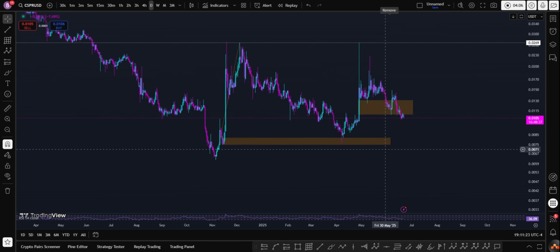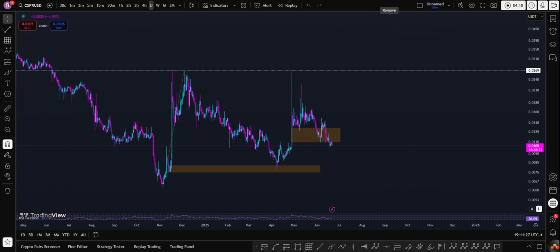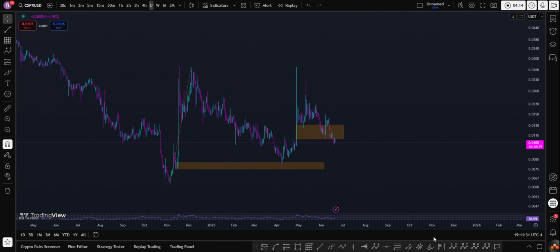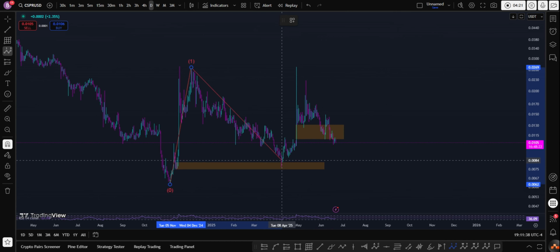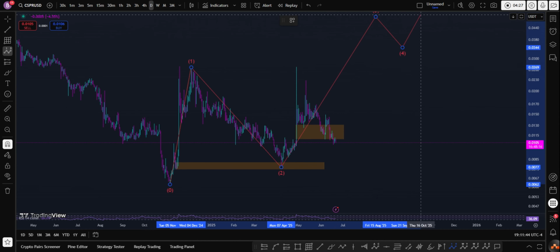But looking at it quickly, you can see that the bullish narrative has not been cancelled. It's just that we have to review the chart again, so that this could be our one, right? Two, and then now we are anticipating three, right? Then a four and a five.